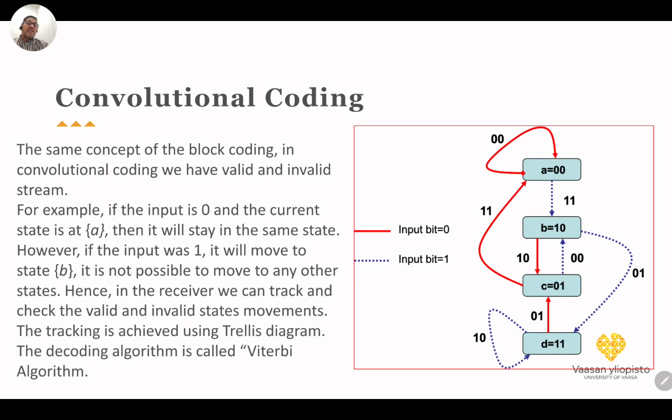As you can see, from 0 0, if the input is 0, it will again go to 0 0, but if the input is 1, then we go to the state 1 0, as described. And if you go to the same block, you can see that the output will be 1 1.